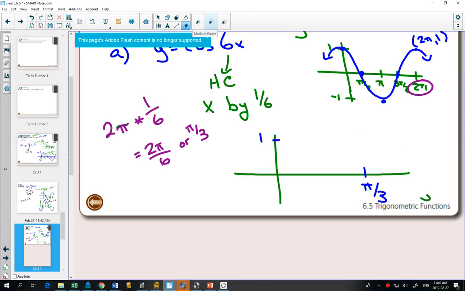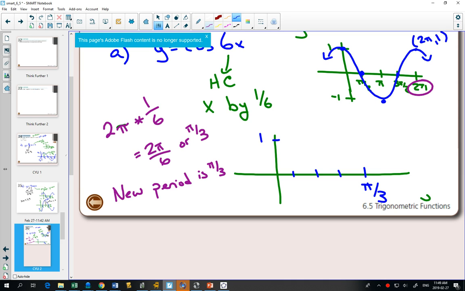You're just going to say, my new period is pi over 3. And if I take my new period, which is pi over 3, and I think about my old period, which was 2 pi, and it was divided into 4 equal sections, I'm going to take my new period, pi over 3, and divide it into 4 equal sections.